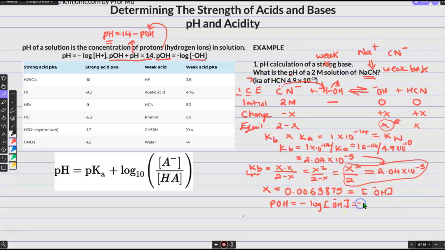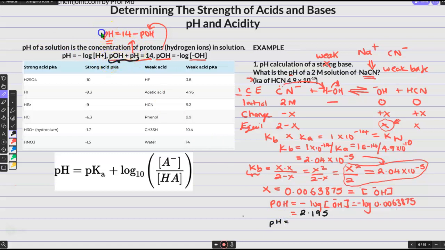In this case, it's negative log of 0.0063875. pOH will turn out to be 2.195 about. So to find pH, we know that pH plus pOH equals 14.